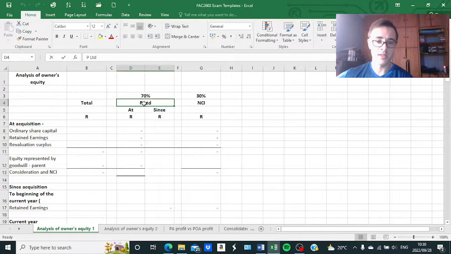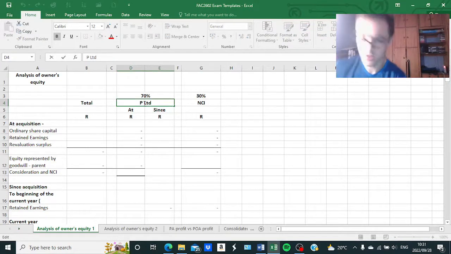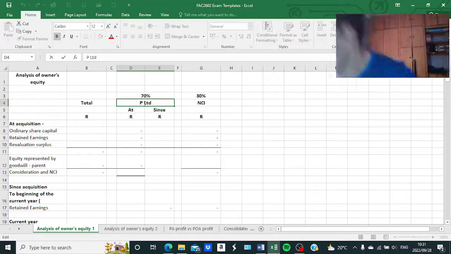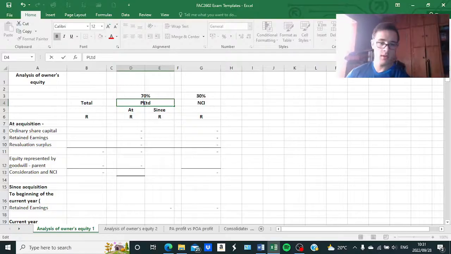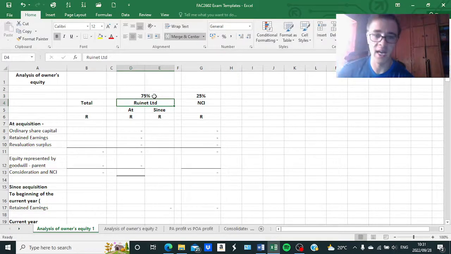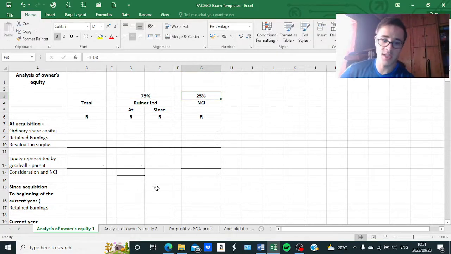So Runette Limited has a 75% interest in the subsidiary's ordinary share capital, meaning that your non-controlling interest will be 25%.